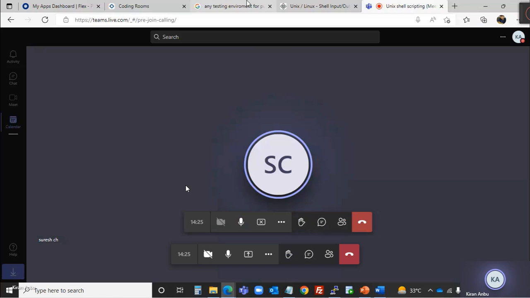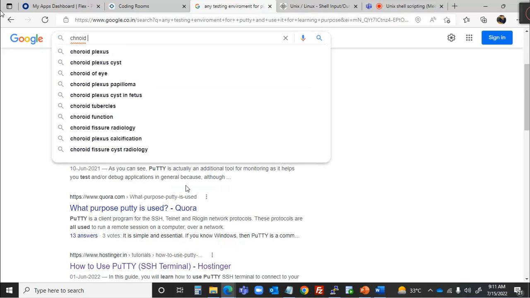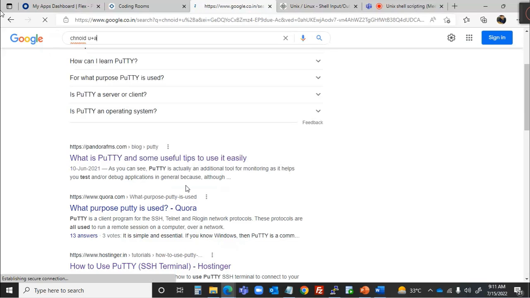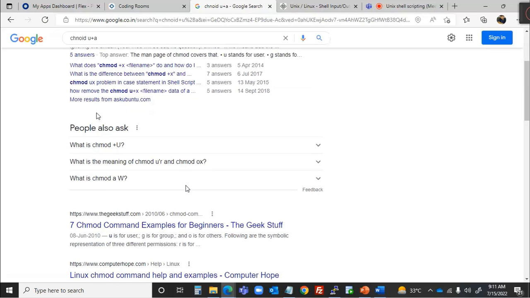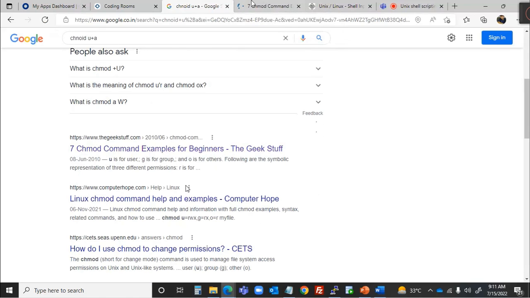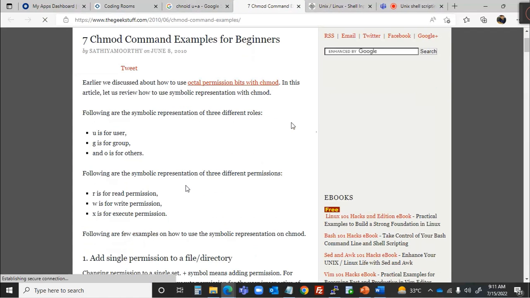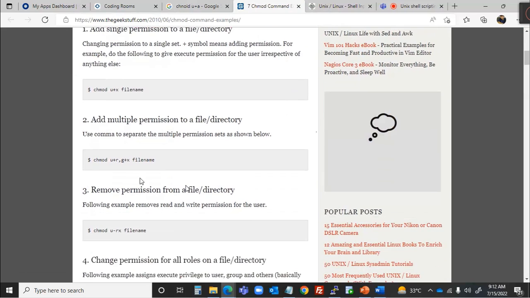You can see here, multiple: read permission to user and execute to group members.